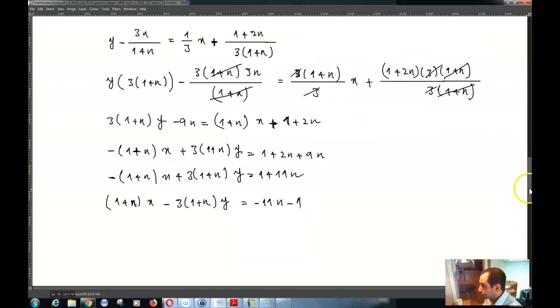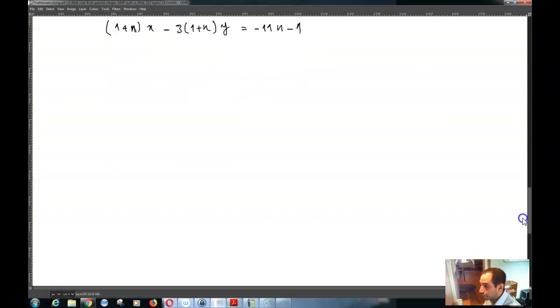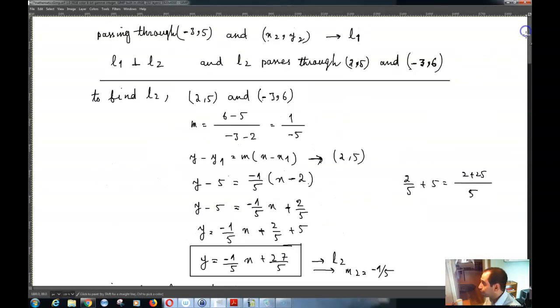Okay, so the next question that we have is question number 11, and the question is about a line perpendicular to the line segment joining two points. So let me draw a diagram here.